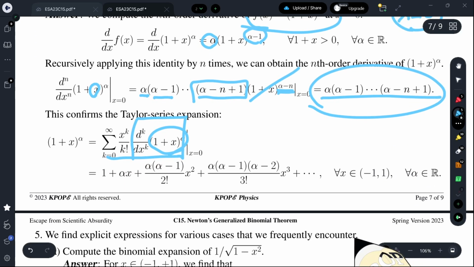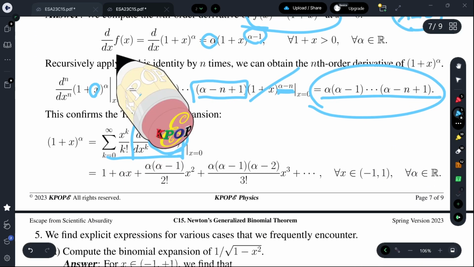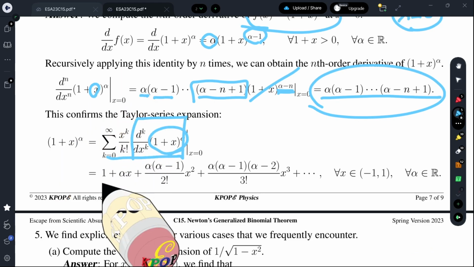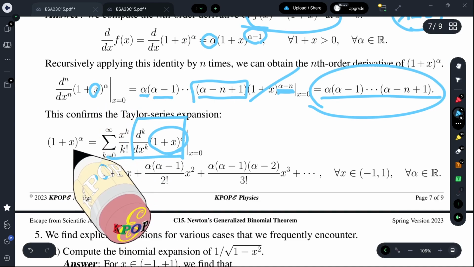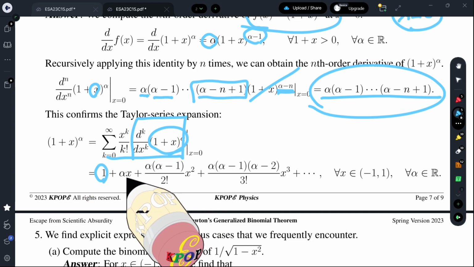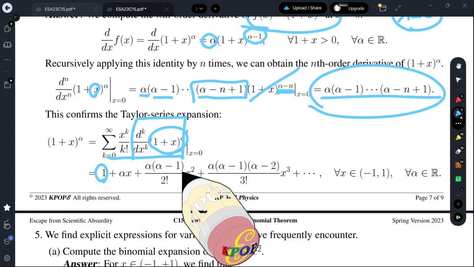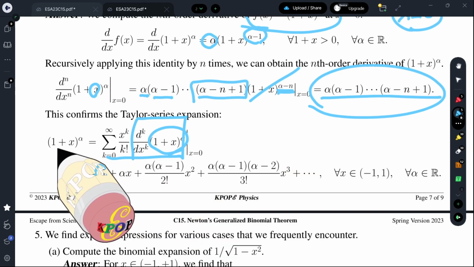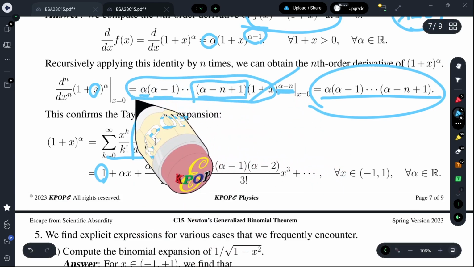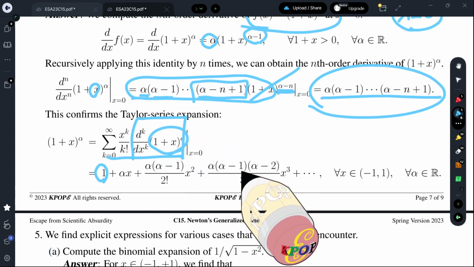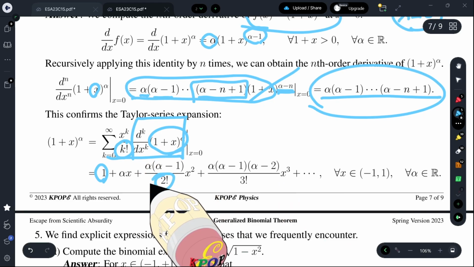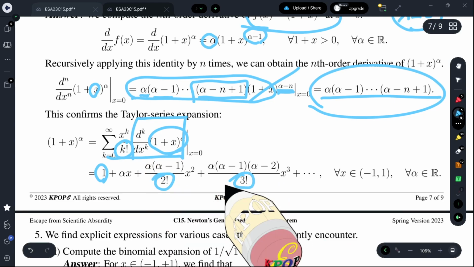At first, the leading term evaluated at x equals 0 is nothing but 1. And the first order correction is alpha x. The second order correction factor is alpha, alpha minus 1, according to this result, alpha minus 2. And in addition, we have factorials in the denominator.